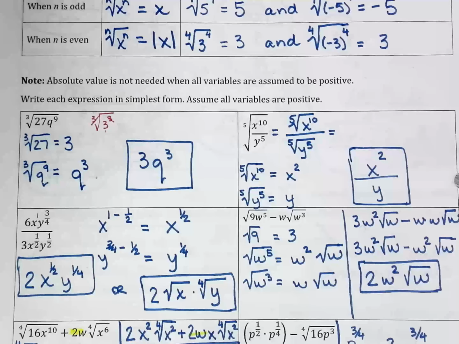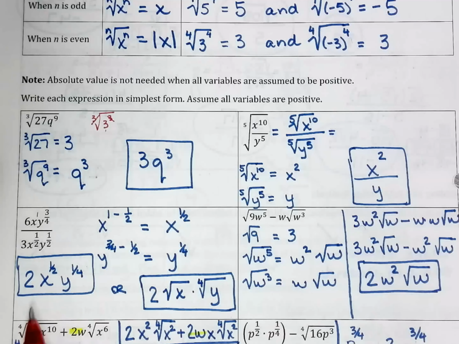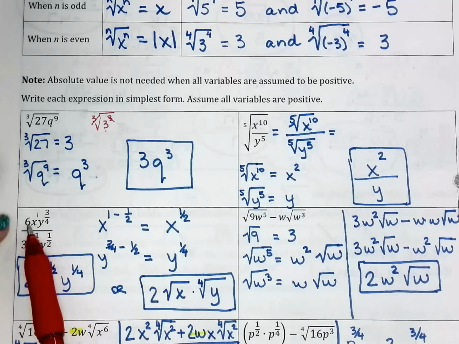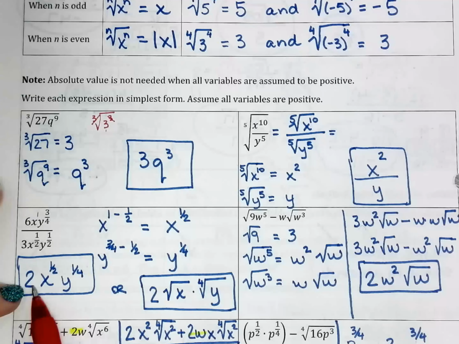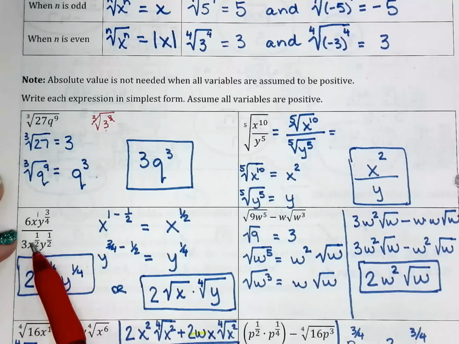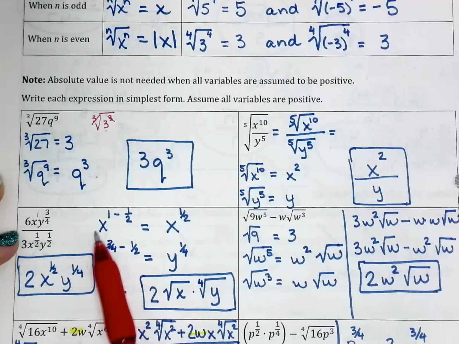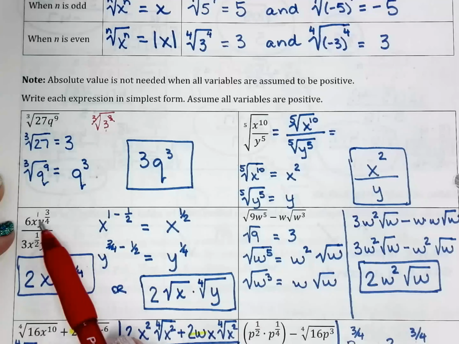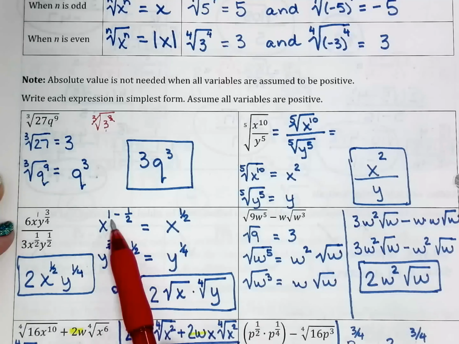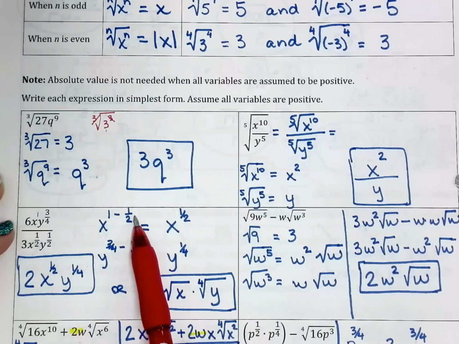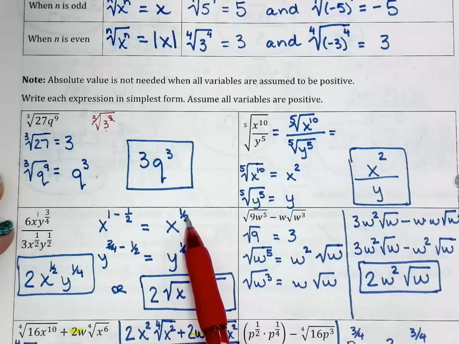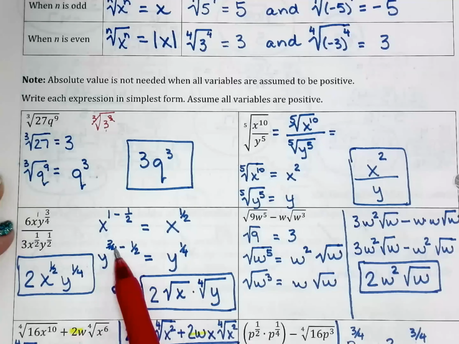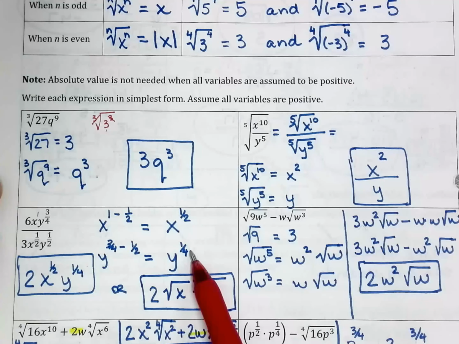Now, the next one, you have a little more work to do, but it's okay. The easy part is 6 divided by 3 is just 2. And now I'm going to deal with the x and the y separately like I did here. Because I'm dividing, I will go ahead and subtract the exponents. So 1 minus 1/2 is 1/2, and 3/4 minus 1/2 is 1/4.